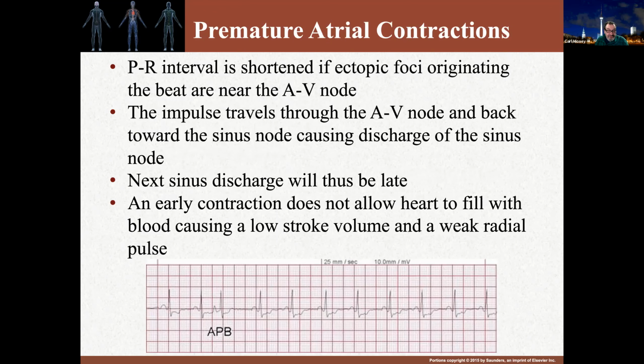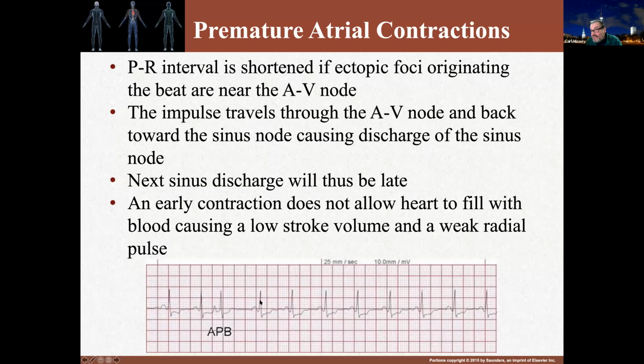Premature atrial contraction is a medical condition that happens when the atria generate premature heartbeats. The premature heartbeats are seen as a complete EKG complex on the tracings. And you see this here.